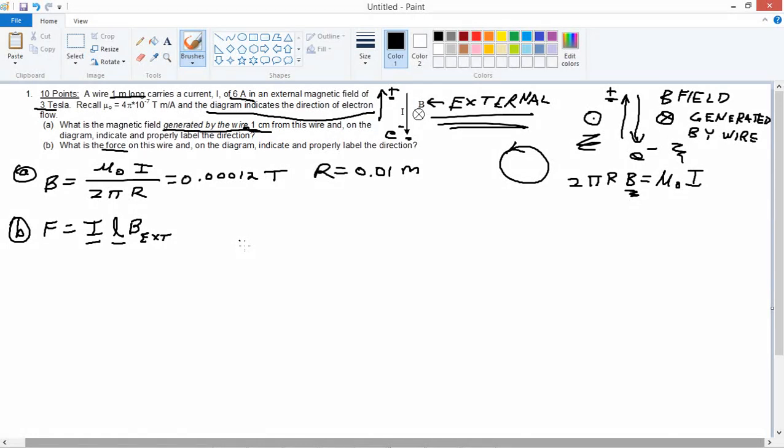Your fingers in the direction of the magnetic field, so your fingers are pointing into the page. The little circle with an X on it tells us the external field is going into the page. The current is going up. Your palm points in the direction of the force. So the force will be to the right. Oh, excuse me. Force to the left, or negative X direction.